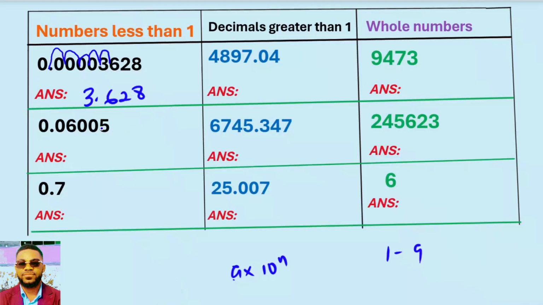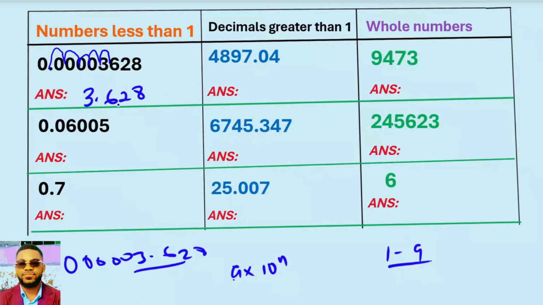And 3.628 is within the range 1 to 9. Now you should know that I didn't bring these zeros because they are not significant. If you write 0, 0, 0, 0, 0, 3.628, it's actually the same as 3.628. The zeros here are not significant. Take note of that. So the new number is 3.628.